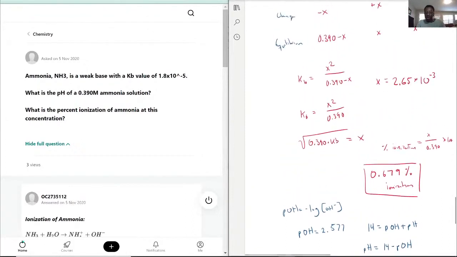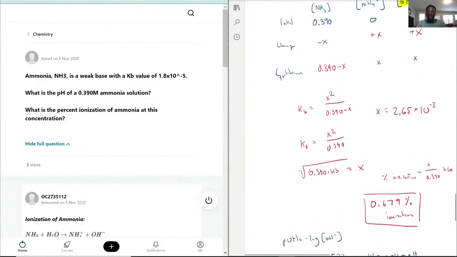And just to show you the whole quadratic situation, if we were to do the quadratic formula, I do have it memorized, just how to approach it. The KB would be your B value.